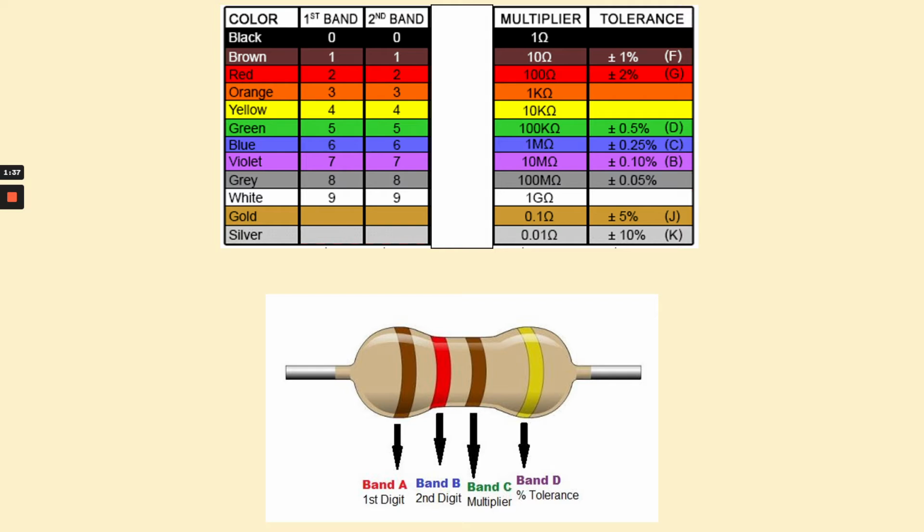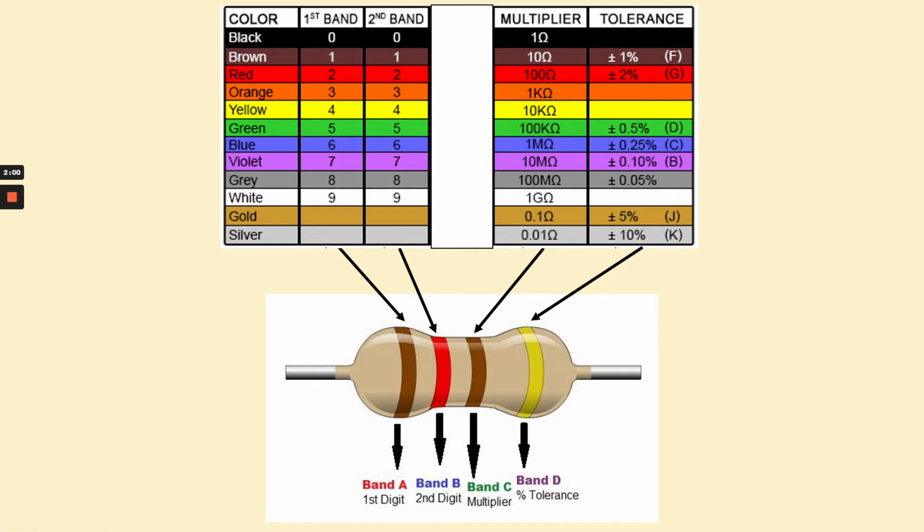So I'm going to blank it out. That means that our first band comes from this column, our second band comes from this column, our third band, which for us is our multiplier, comes from the multiplier column, and then finally the last band is our tolerance.